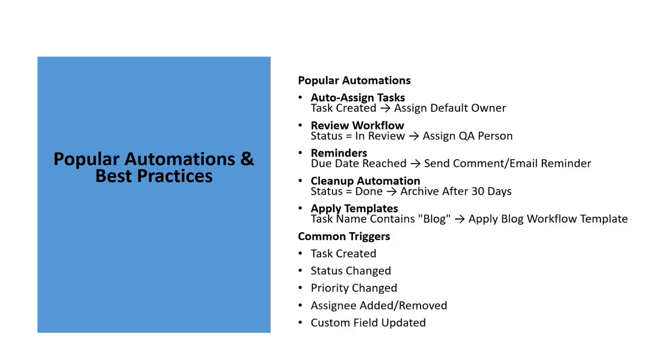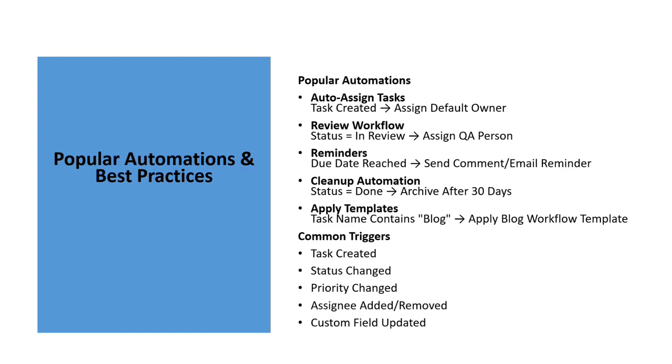We can also create reminder automations. For example, when a due date arrives, ClickUp can automatically send a notification or reminder email. For completed tasks, cleanup automations can move tasks into an archive after a certain period, helping keep workspaces organized.